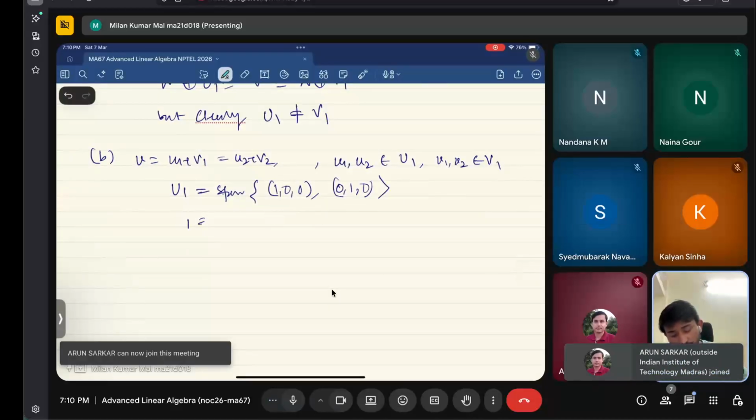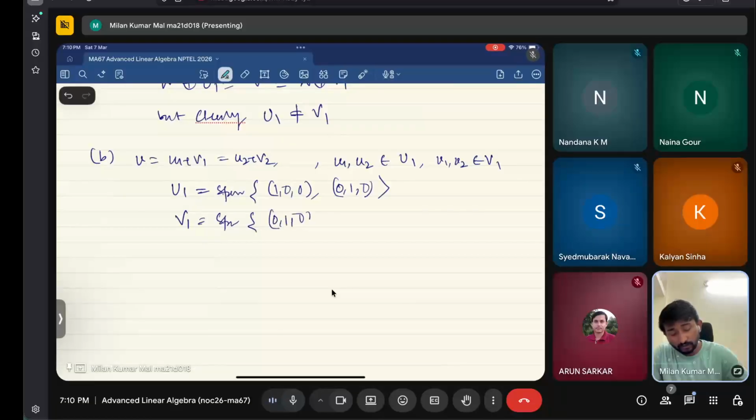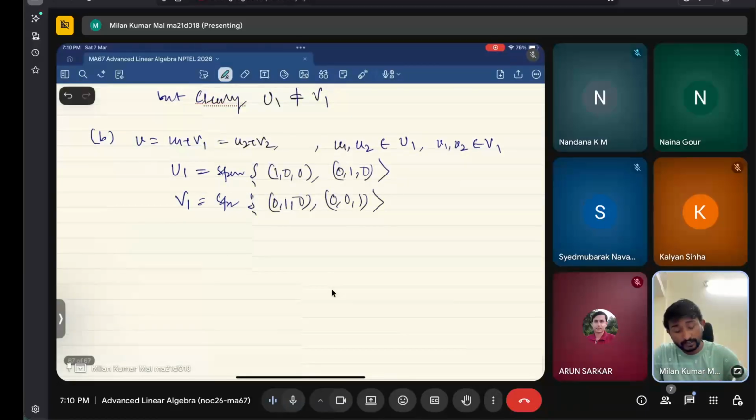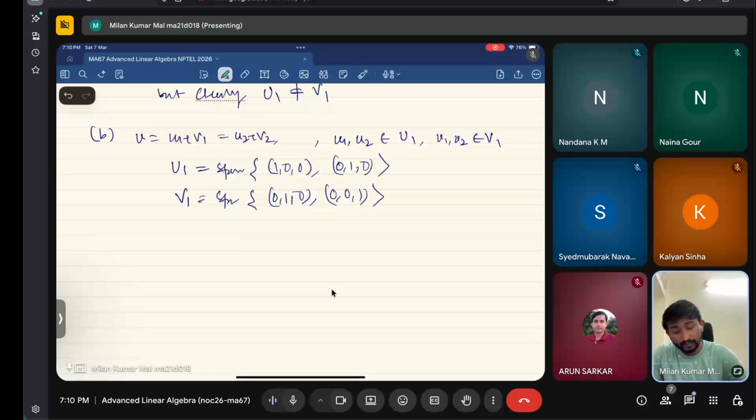This is what V1 is. So clearly U1 plus V1 is equal to V.